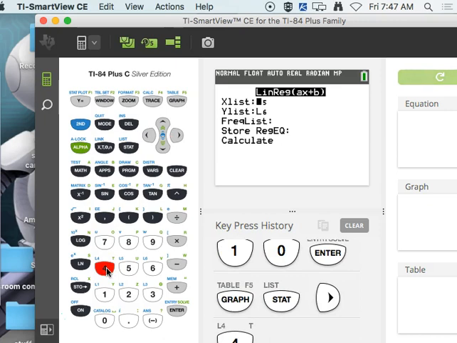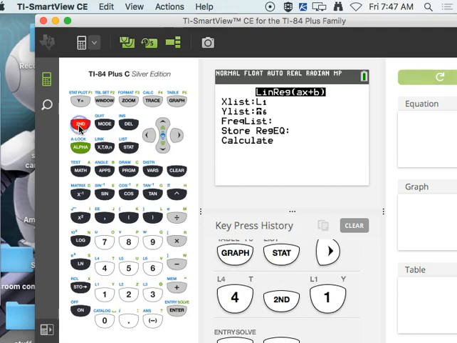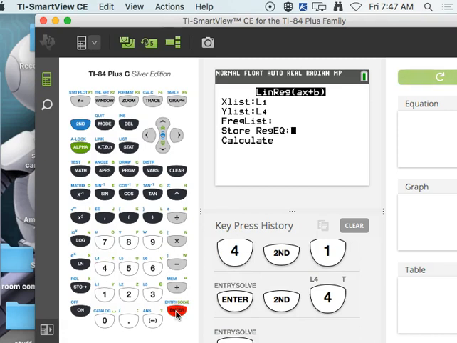But now we see our lists here are not the lists that we wanted. We wanted list 1 and list 4. So second, list 1, enter. Second, list 4, enter. And I'm going to store this one. I want to see it go right over the top of those points if I can. Do you remember how we get that y variable?